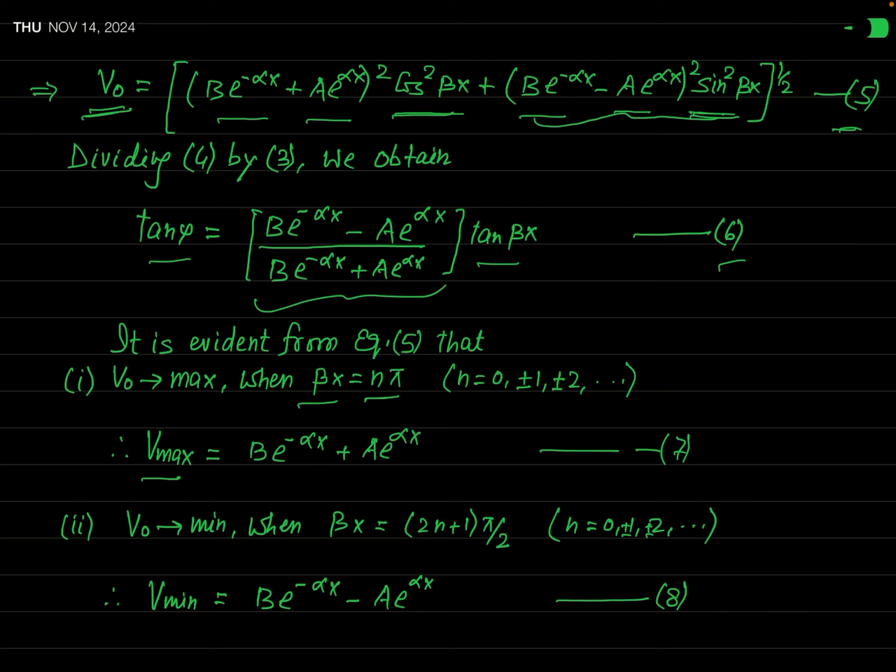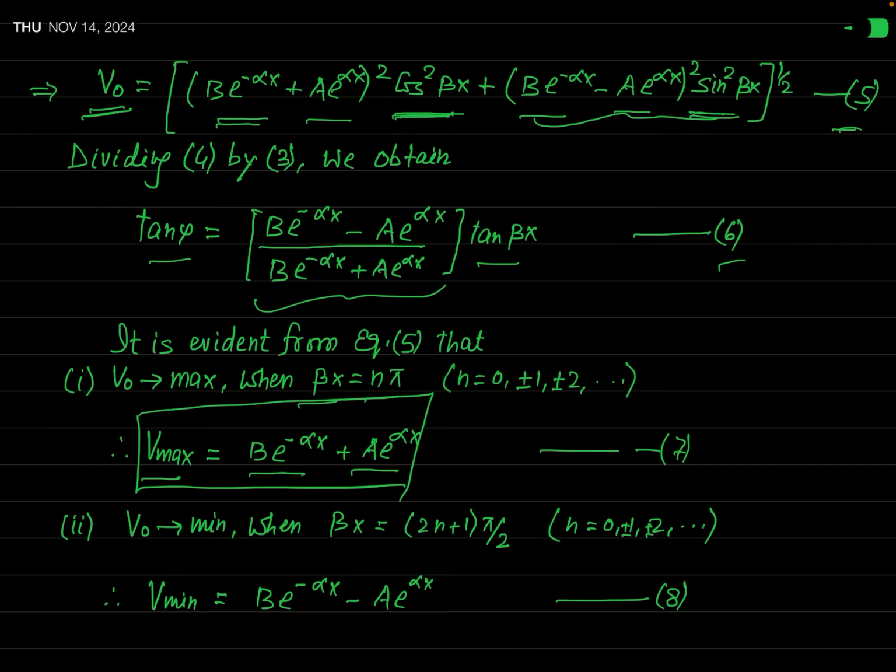So V max is equal to the square root of [b times e to the power minus alpha x plus a times e to the power alpha x] whole square times cos square beta x. But when you take the square root, this will be simply equal to b times e to the power minus alpha x plus a times e to the power alpha x, because cos square beta x will be equal to 1. So this is the maximum value of this voltage.